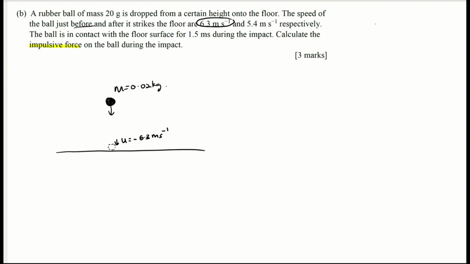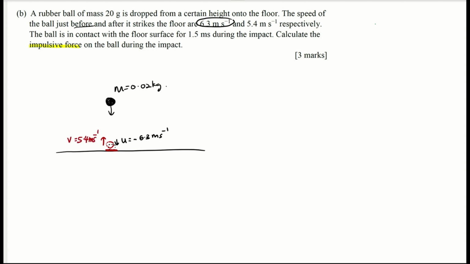Alright, so saya tulis kat situ U dia. And then what happen? So dia akan contact dengan surface ini, and then bola itu akan naik ke atas. Somewhere here. So V is upward, so positive 5.4 meter per second.